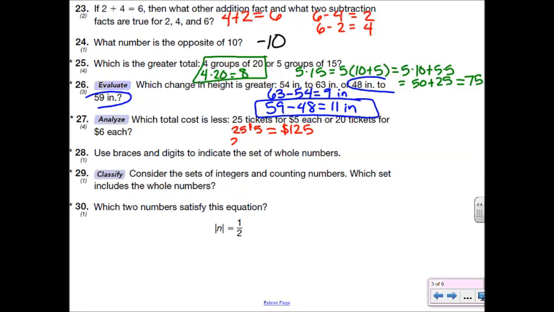And then 20 tickets times $6, 6 times 2 is 12, and then I just add the 0 from 20. So $6 tickets for 20 of them is cheaper, or costs less than buying 25 tickets at $5 each.